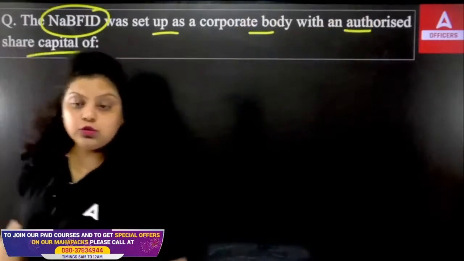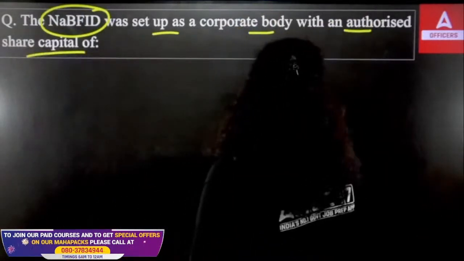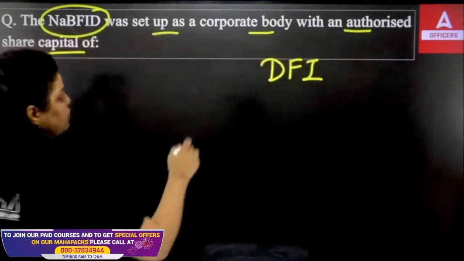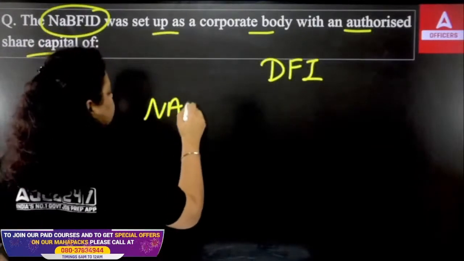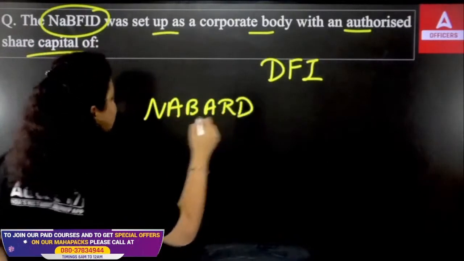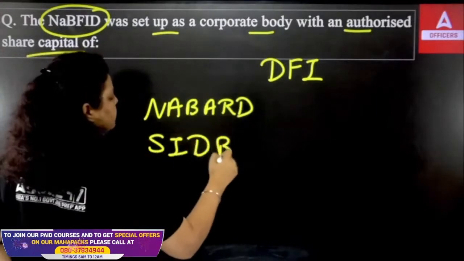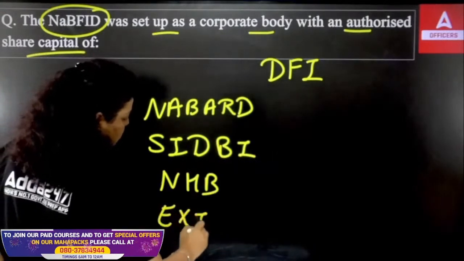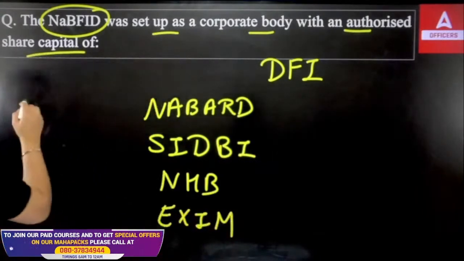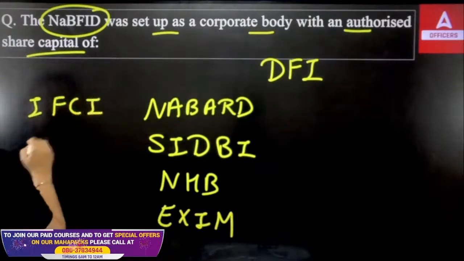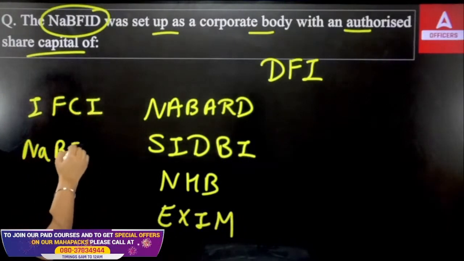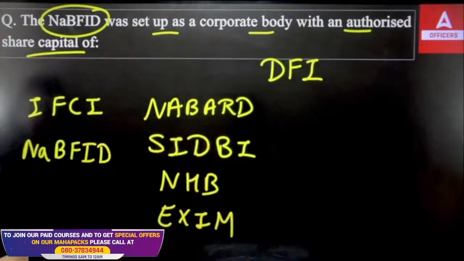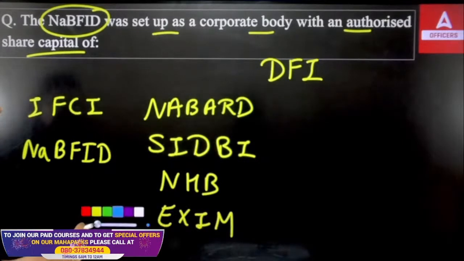If I talk about the NABFID, NABFID is a development financial institution. We have NABARD, SIDBI, NHB, EXIM, IFCI, and then NABFID. So these are the development financial institutions, and they work for a particular sector only.